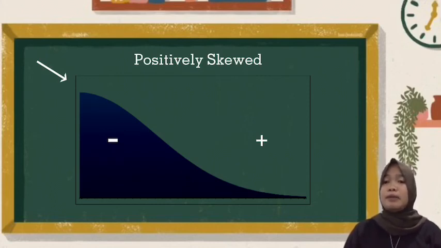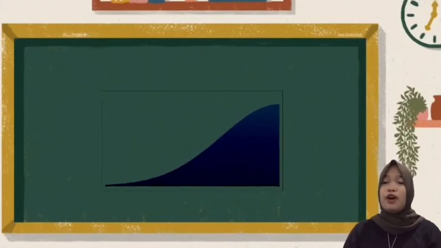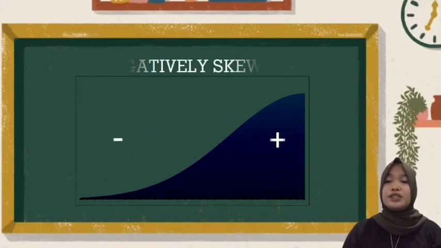So, ibig sabihin nun, ang congregation ng scores ng mga students ko is nasa negatively side. So, what does it mean? Ibig sabihin, kapag positively skewed ang curve mo, most of the students got low scores. Madalang ang nakakuha ng mataas na scores. Kaunti lang sila.